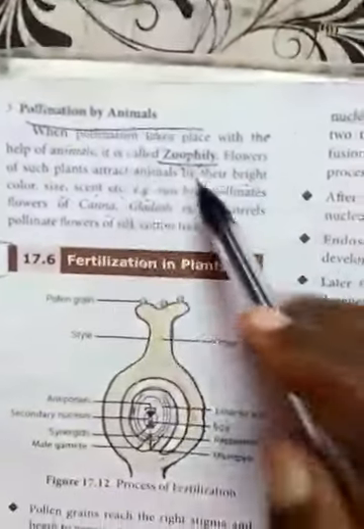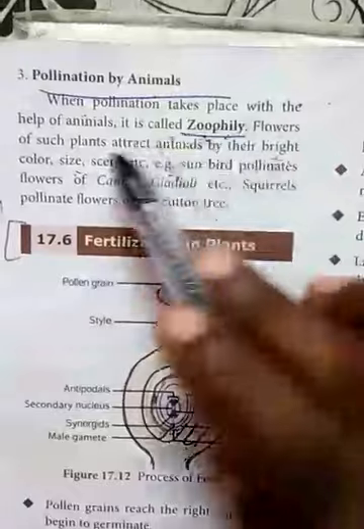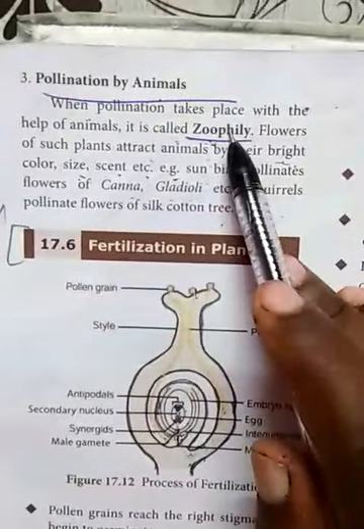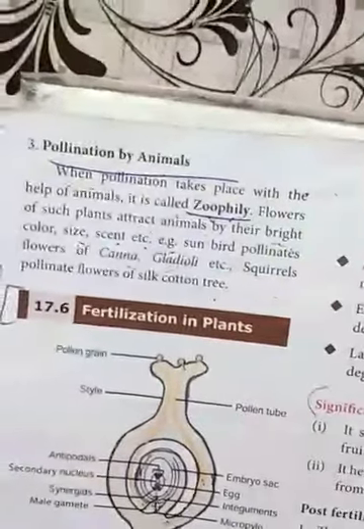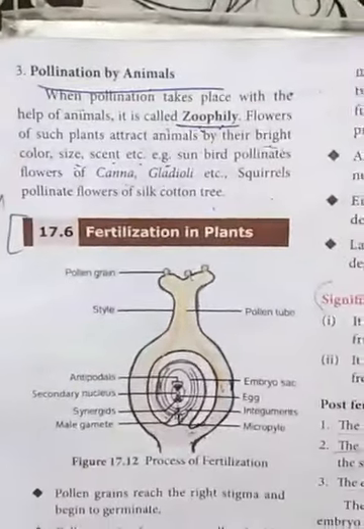The next pollinating agent we are going to study is pollination by animals. When pollination takes place with the help of animals, it is called zoophily. So when the animal acts as a pollinating agent, it is called zoophily.